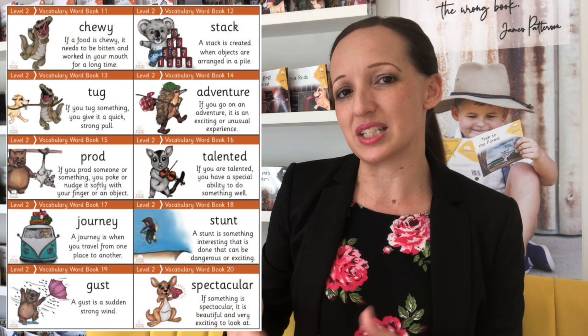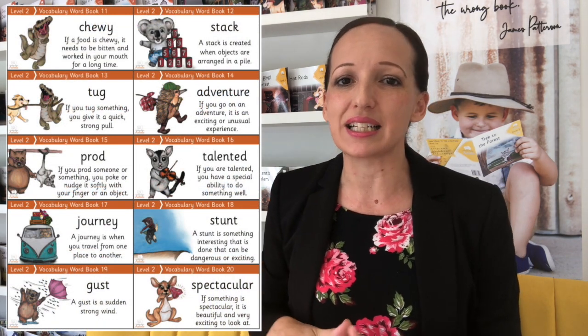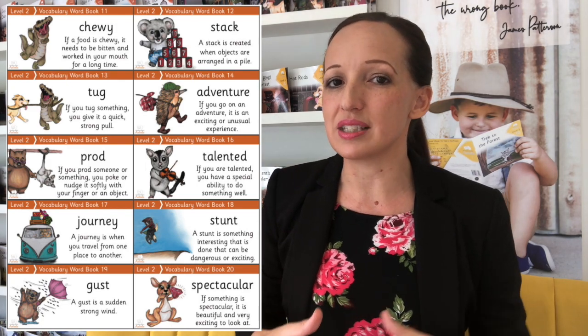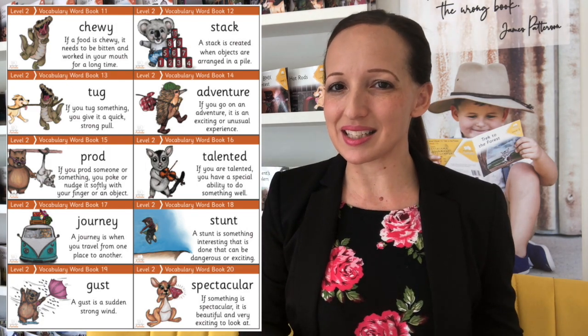As we move up into level 2 all the way to level 8, we actually have those words embedded into our text. So decodable readers can be used for vocabulary instruction as part of your wider process of teaching vocabulary.